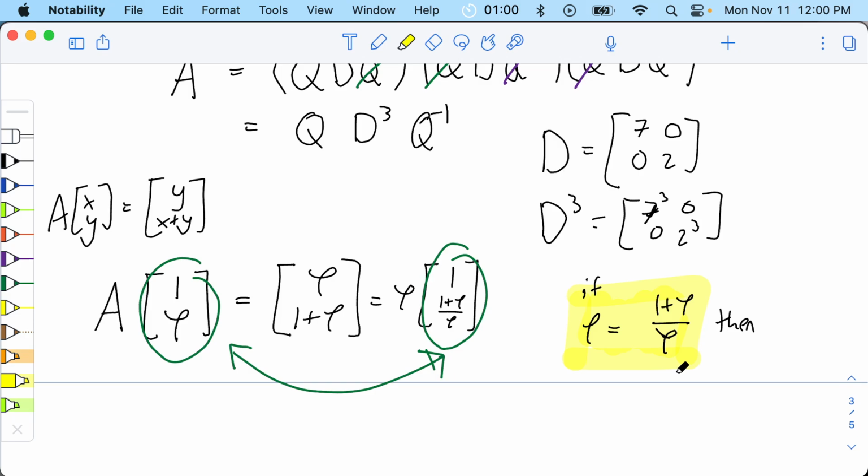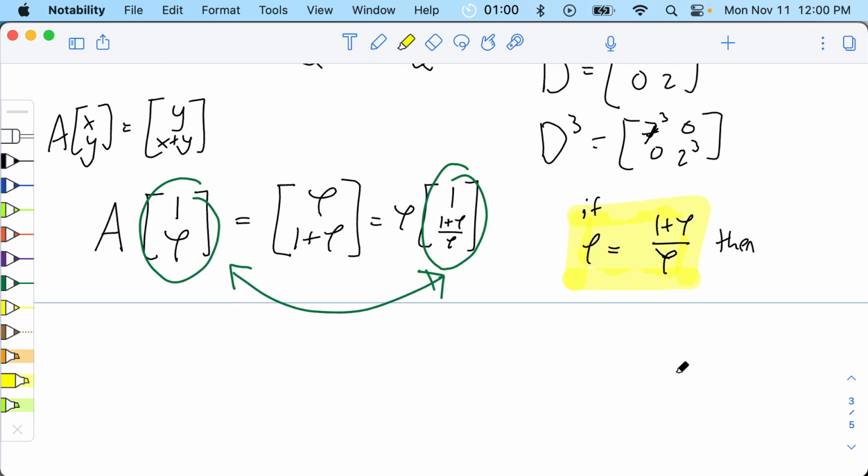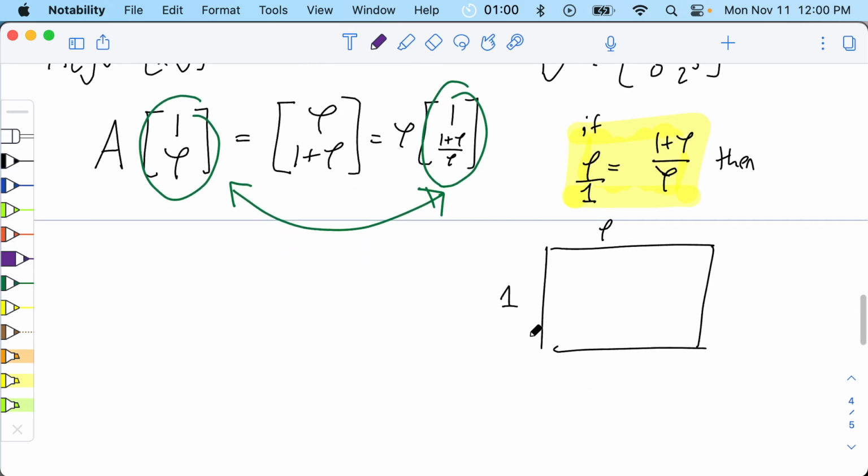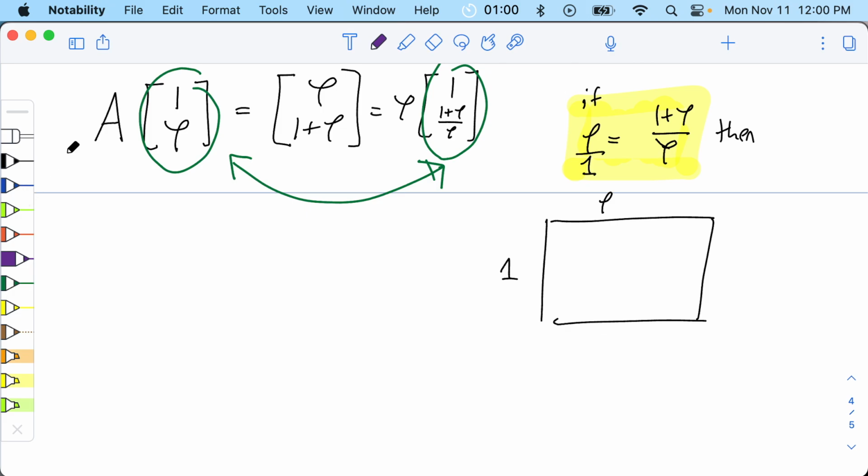Let me draw it as a picture. Here we're going to make a rectangle, and the rectangle is going to be 1 by phi. So the ratio of this rectangle is phi to 1. It's a phi to 1 rectangle. Then we add 1 to phi, I make it bigger.